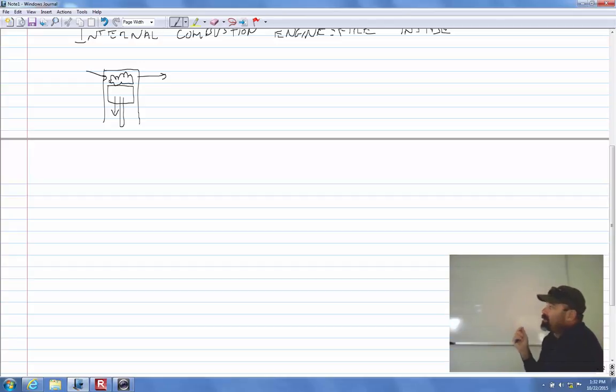And what happens is as your piston moves up and down, there should be oil on the walls. And the rings ride on a very, very thin film of oil up and down to reduce friction. Well, if you get too much fuel in there, it washes that oil off, and now you've got bare metal on your rings, and it will destroy your rings, and you lose compression, and the engine stops working.